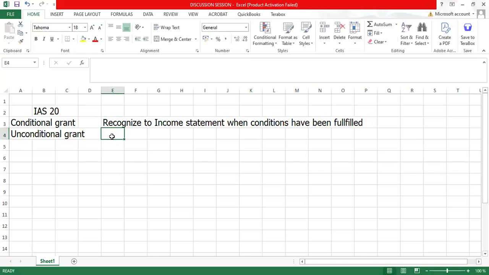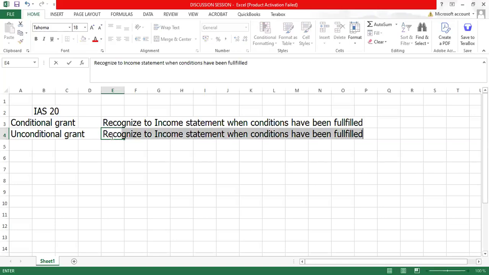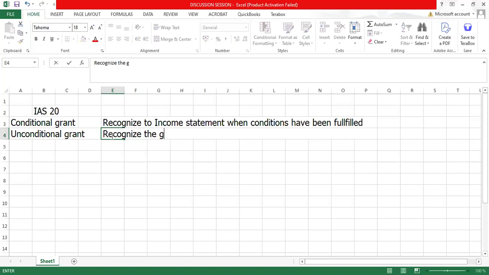Then unconditional, you recognize the grant at the point when it becomes receivable. What do we mean? You have established, or you have confirmed, that you're going to receive the grant.